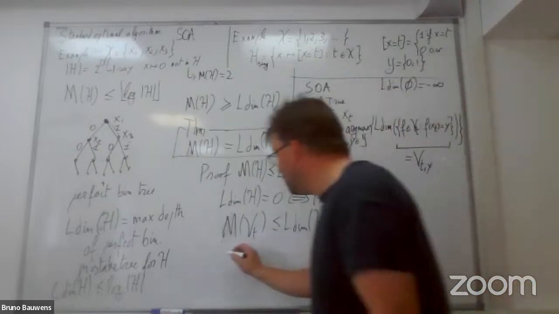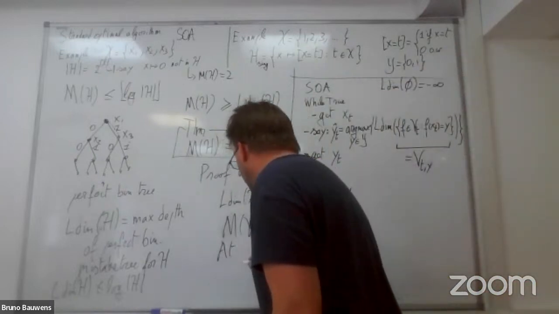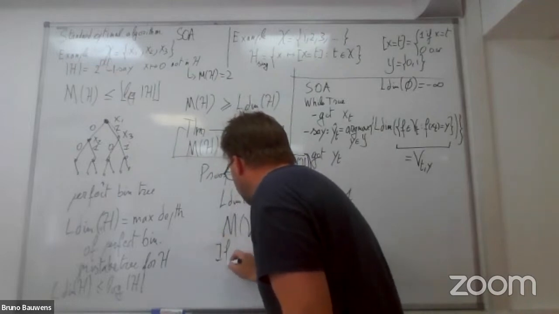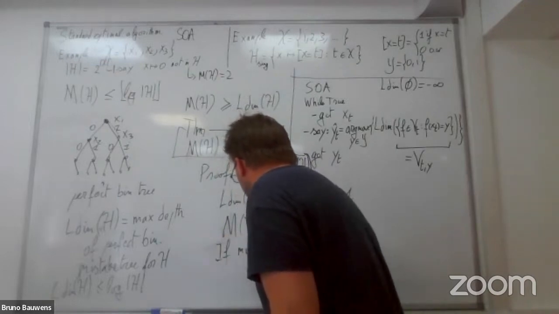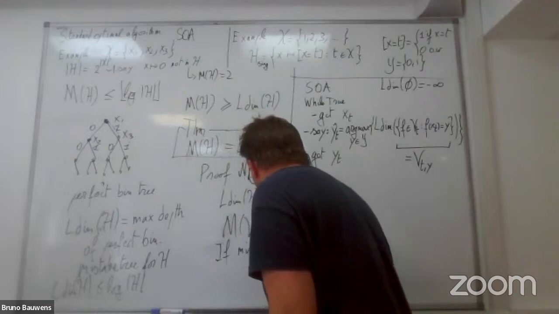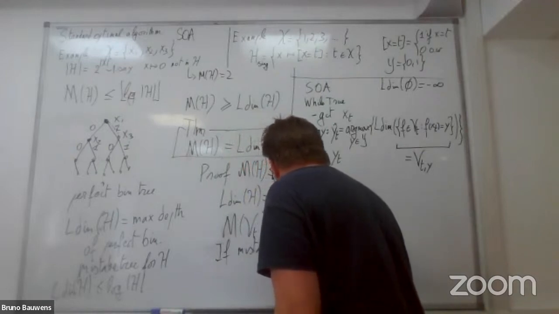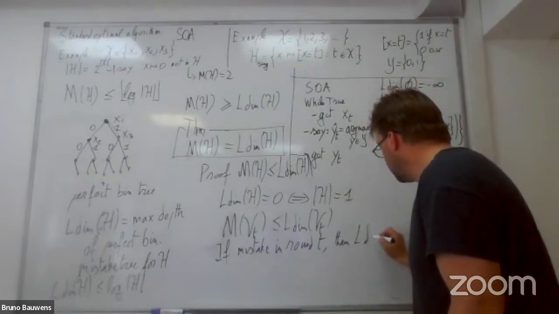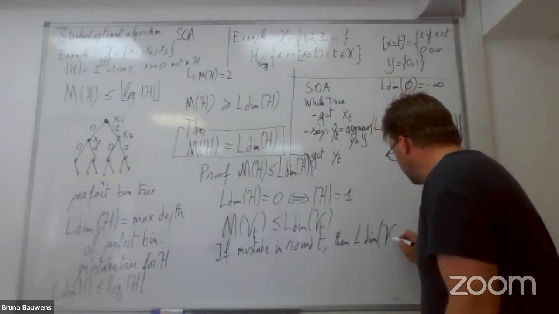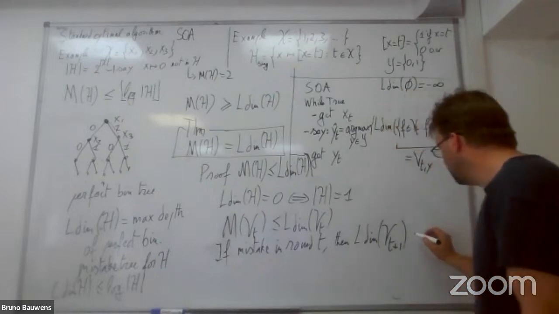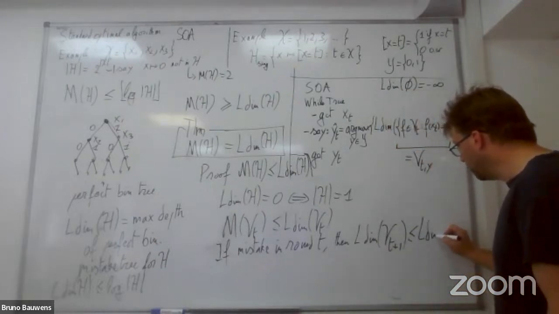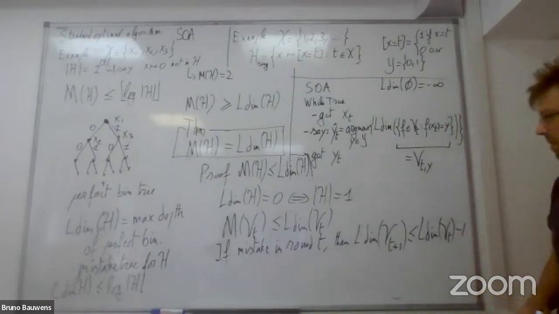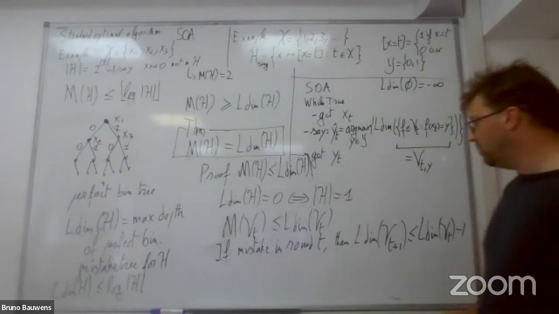So what we have to prove is that if there is a mistake in round t, then the Littlestone dimension of V_{t+1} is smaller than the Littlestone dimension of V_t minus 1. So that's what we have to prove.